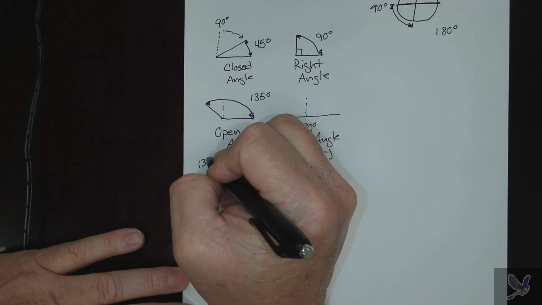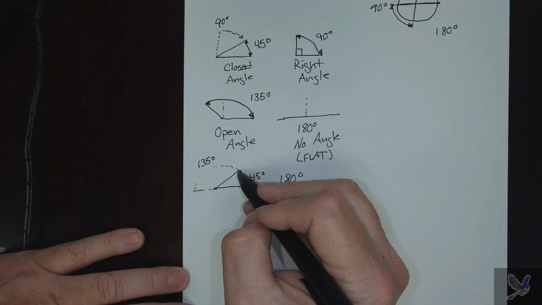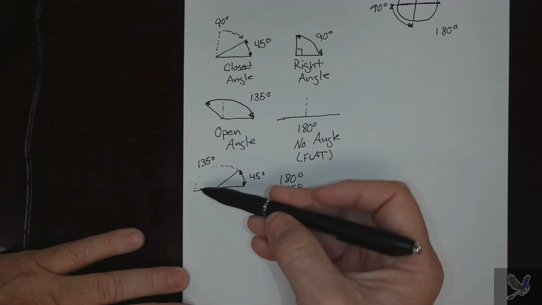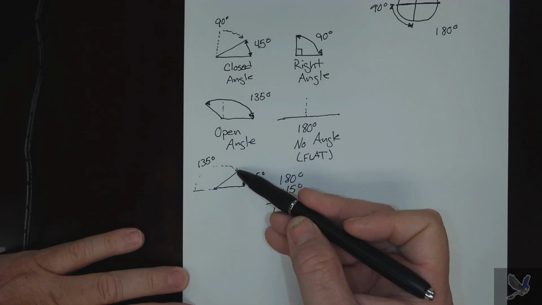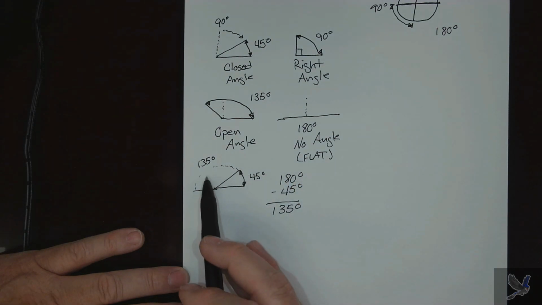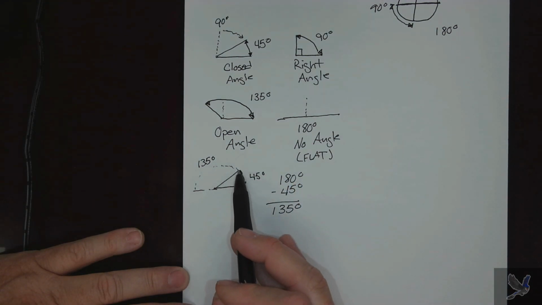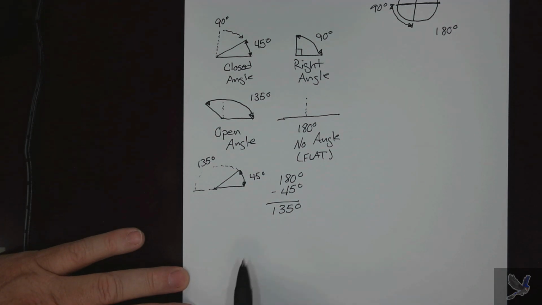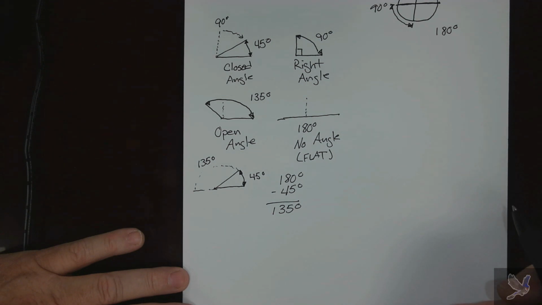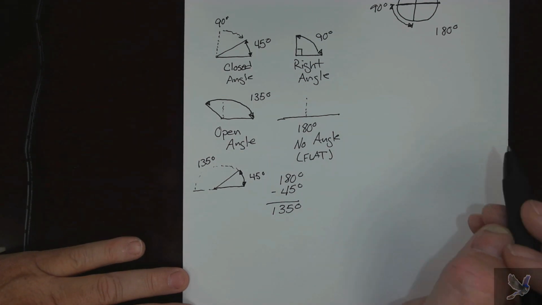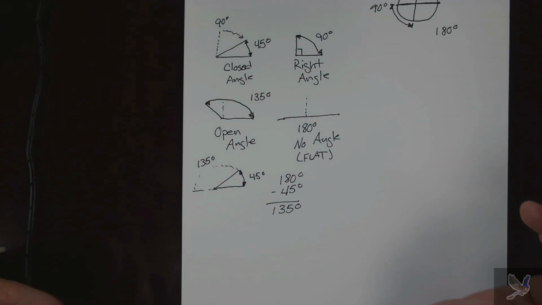So the portion that we bent through to arrive at a closed angle of 45 started flat, came all the way over the top, past a right angle, kept bending to a closed angle. We would have had to carry that metal through 135 degrees of movement to arrive at a closed angle of 45 degrees. That's why it's important to know that flat is 180 degrees. We use it as a basis for measurement.